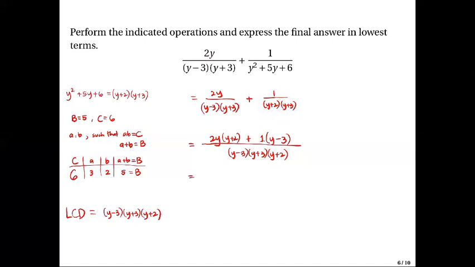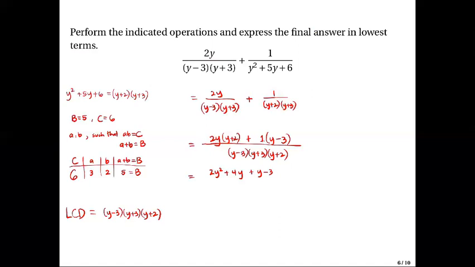Now, this is the time you'll do the multiplication in the numerator, so you can simplify the expression in the numerator. For the denominator, you keep that in factored form. So for the numerator, you will have 2y squared plus 4y. We just multiply this over this sum. And then, of course, for the other guy, we'll just rewrite y minus 3 because it's just being multiplied to 1.